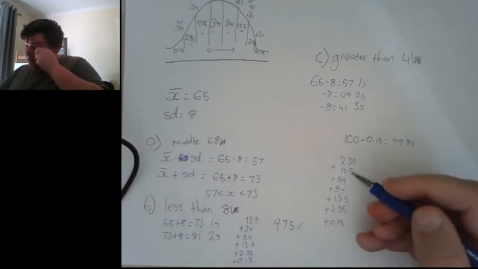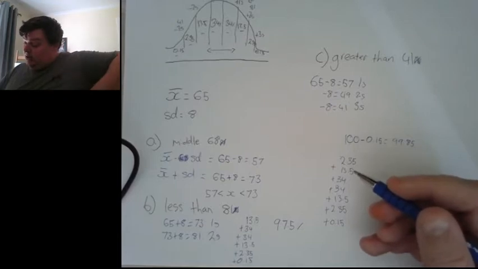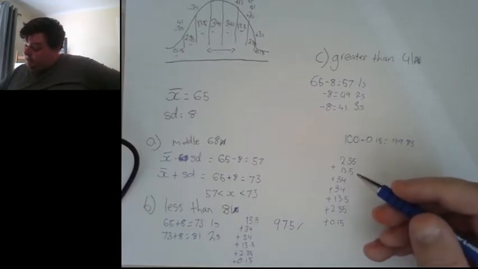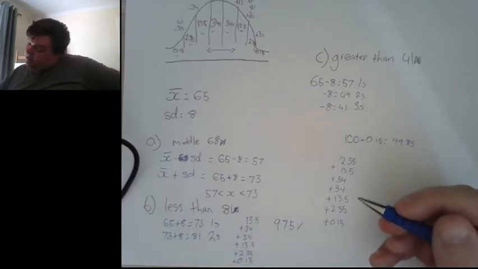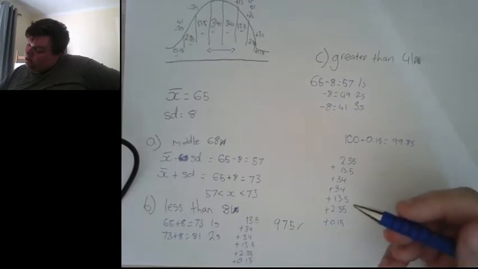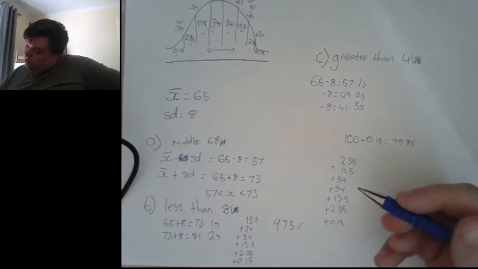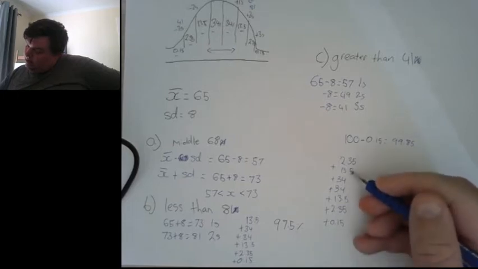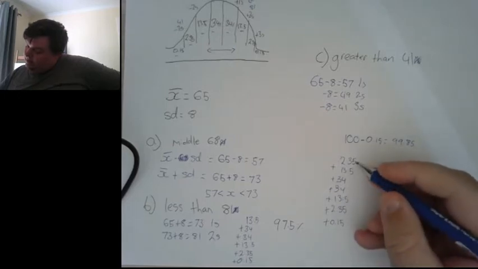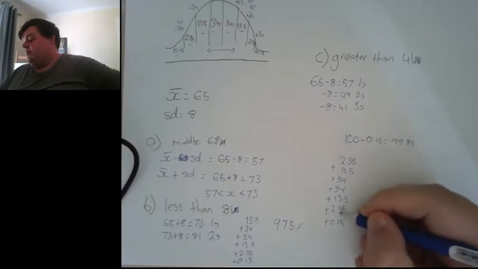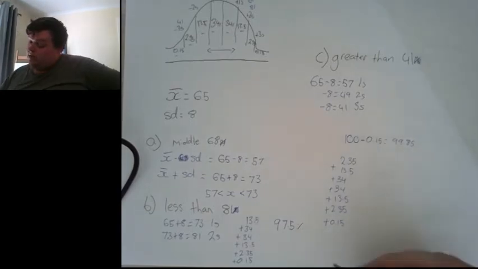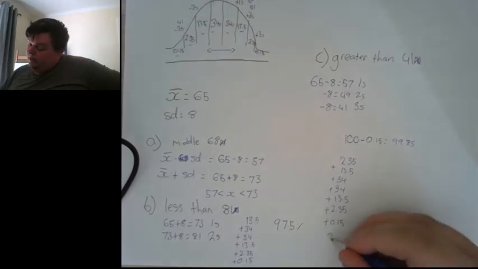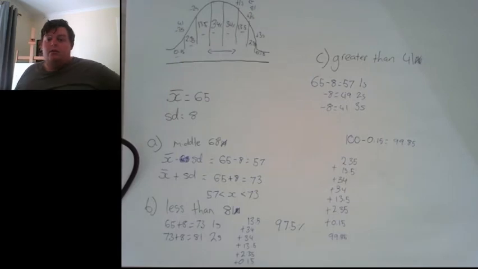You get 15.85, equal to 68 and 27 is 95. 95 is 99.7 plus that is 99.85. Alright. So either way you can do it.